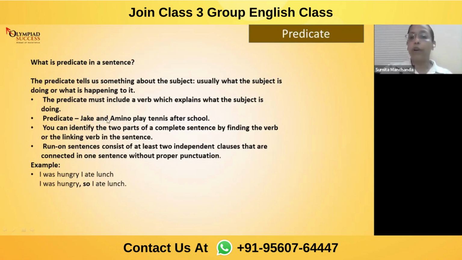Don't leave 'and' for anything. You're going to take this complete phrase together as the subject and play tennis after school as the predicate. You are not going to leave any word. You will not say underline Jake, leave Amino. 'And' is not a subject? No. What I said, remember, if any word is used before a subject, you are going to take that also with the subject.